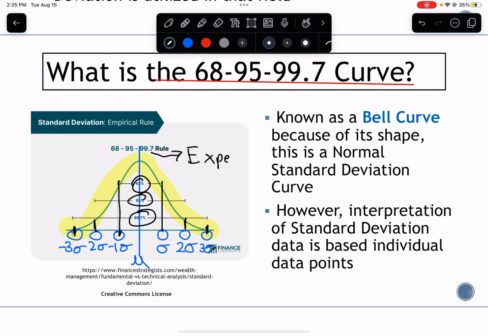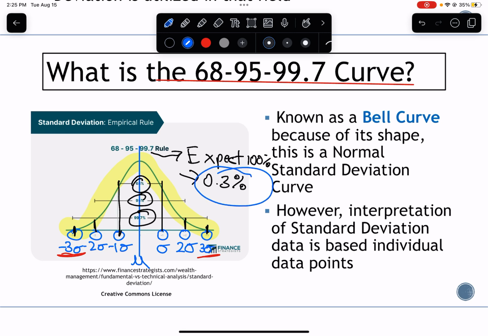Well, we would expect this to be 100, since 100 means that we have the full amount covered, but it's not. What happens to the 0.3% that is missing? Well, in the case that our data point is not within -3 and 3 standard deviations away from the mean, then it's in the 0.3% range.